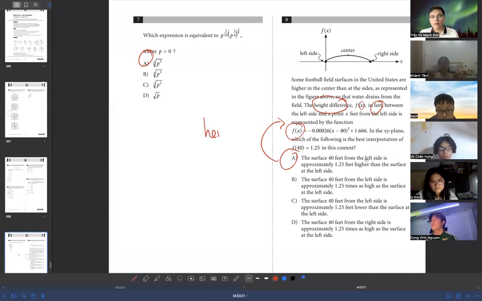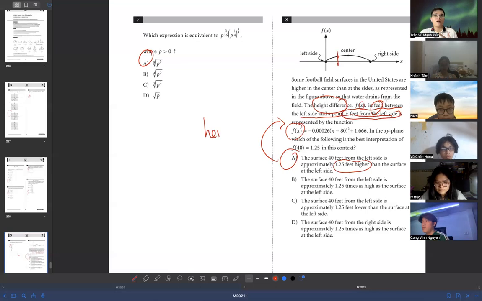They're basically saying this is the 1.25 feet height at the place that is 40 feet from the left side. We can see that the context gives us everything we need to represent the graph or the equation. So next time we take from the context, so it will be less risky.